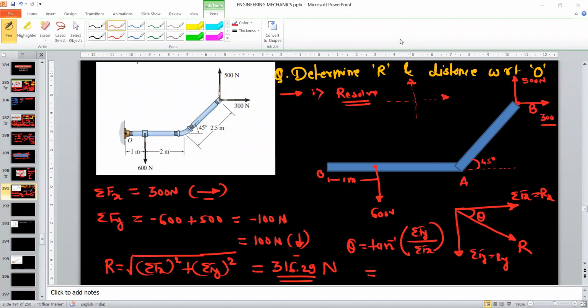So your answer is 18.43. So this is the angle of resultant with respect to positive x-axis. So you should refer to this diagram. I've got the same answer, 316 and 18.43.